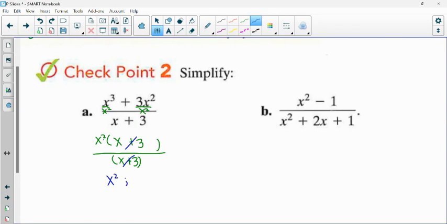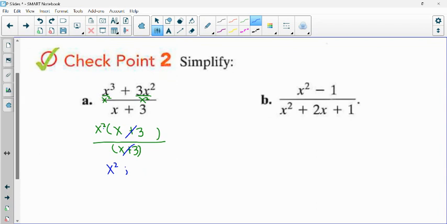And then we do need to write our exclusion like we just did. So again, the only factor in our denominator is x plus 3. I set that equal to 0. So I'd have to say x cannot equal negative 3. Again, it can't equal negative 3 because negative 3 plus 3 is 0, and then 0 would be in our denominator, which is undefined.